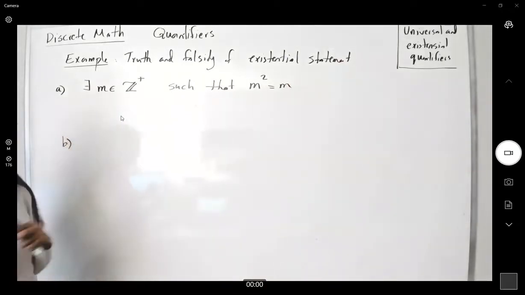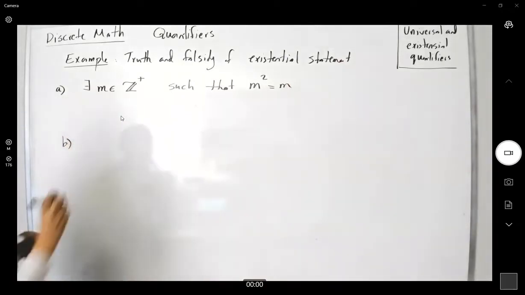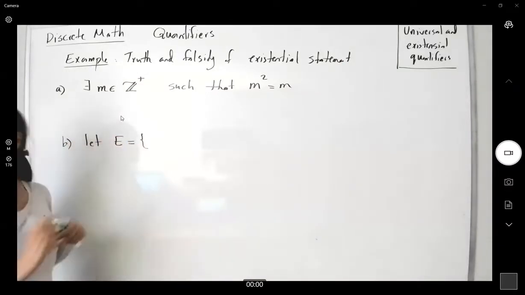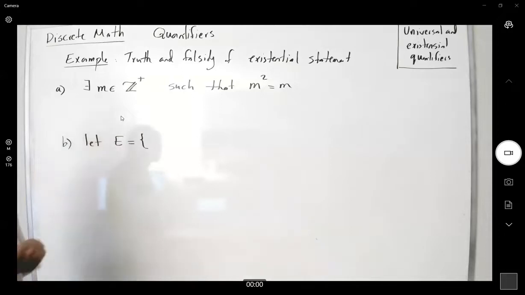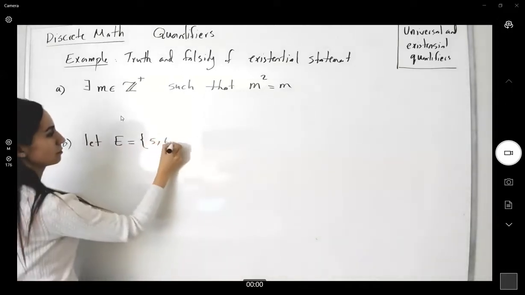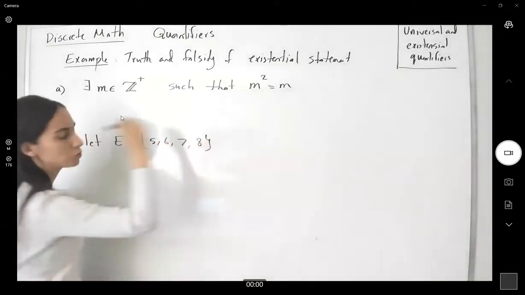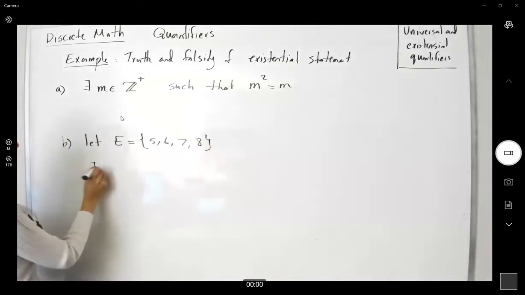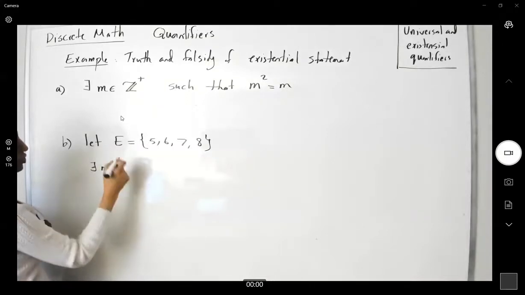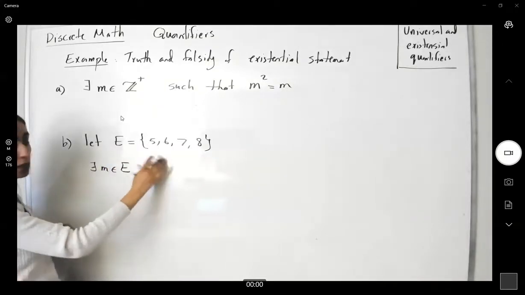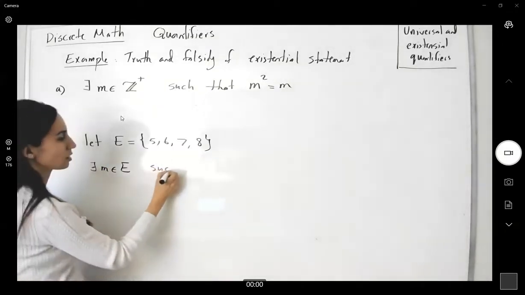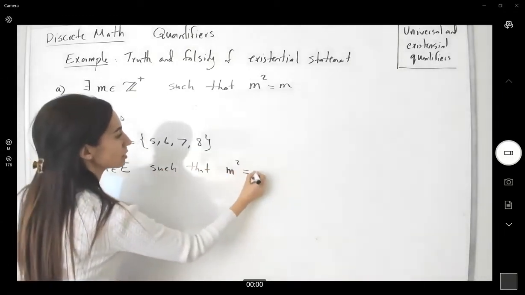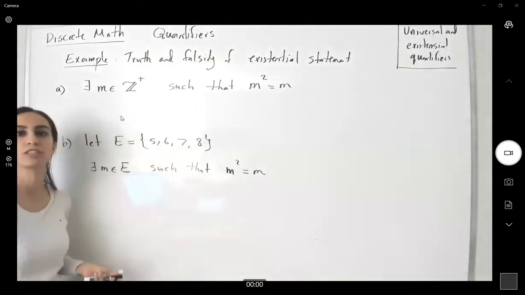B: let E be the set including 5, 6, 7, 8. And then I'm going to repeat the exact same predicate. There is an integer or a number in this domain such that m squared is equal to m. Which one is true?